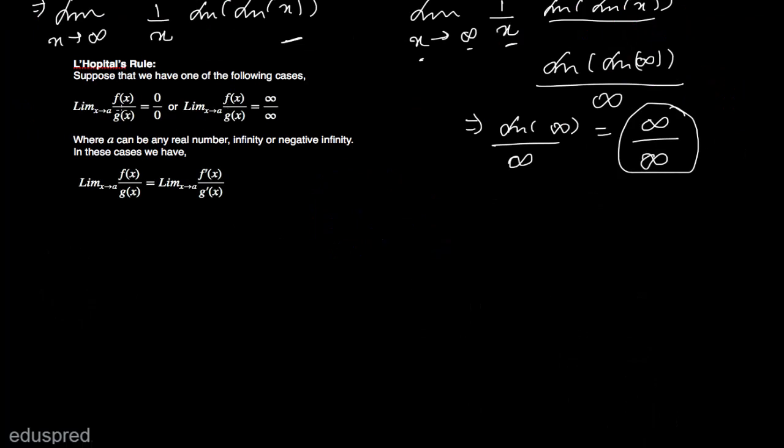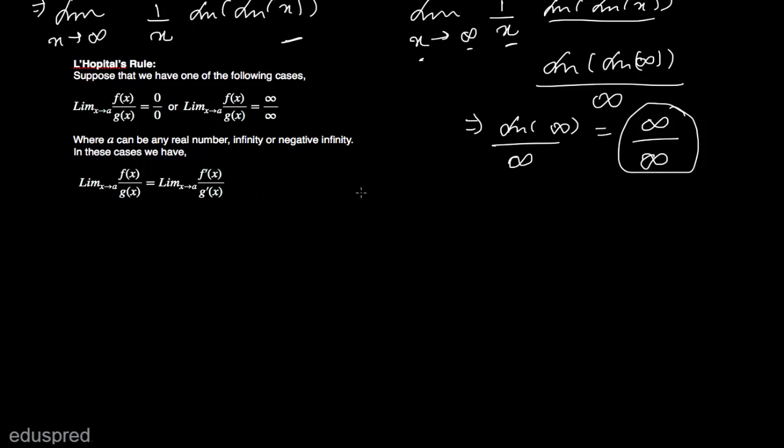What this L'Hopital's rule says is that if you have to find the limit of an expression and it takes the form 0 by 0 or infinity by infinity, and x tends to a real number a or infinity or negative infinity, then the limit as x tends to a of f(x) divided by g(x) is equal to the limit as x tends to a of f prime x divided by g prime x, where f prime x and g prime x are the first derivatives with respect to x.